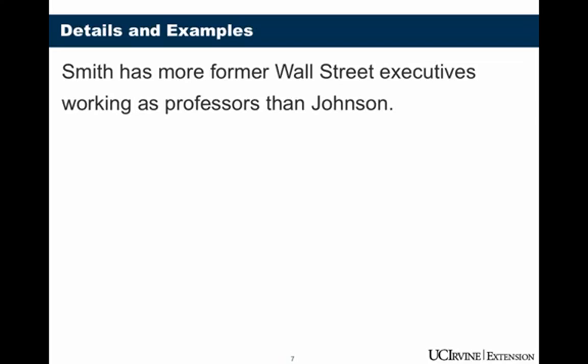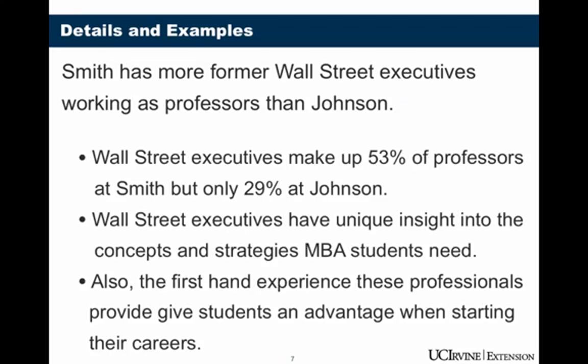Here's an example. This was one of our supporting ideas for contrasting Smith's and Johnson's MBA programs. To develop it, we use some details and examples. First here we have a specific example. This example is a statistic showing that Wall Street executives make up 53% of the professors at Smith, but only 29% at Johnson.